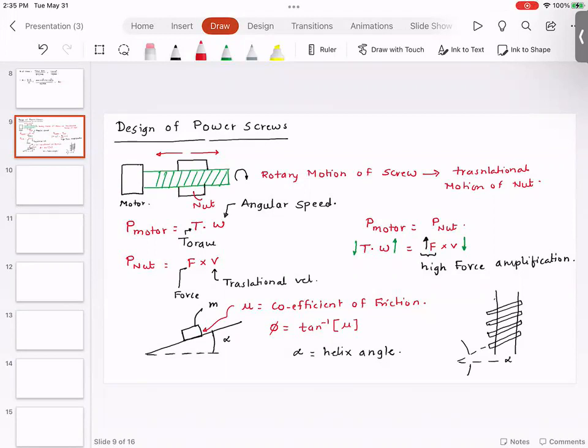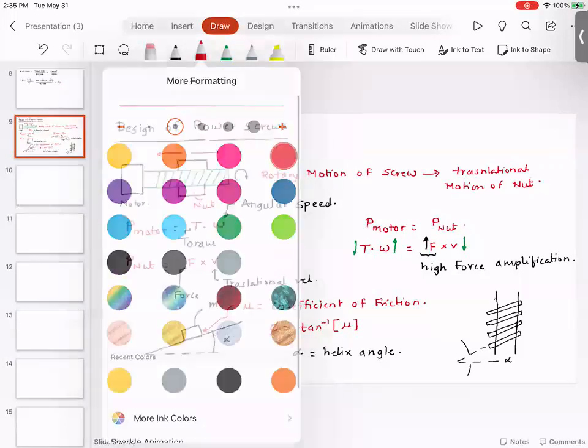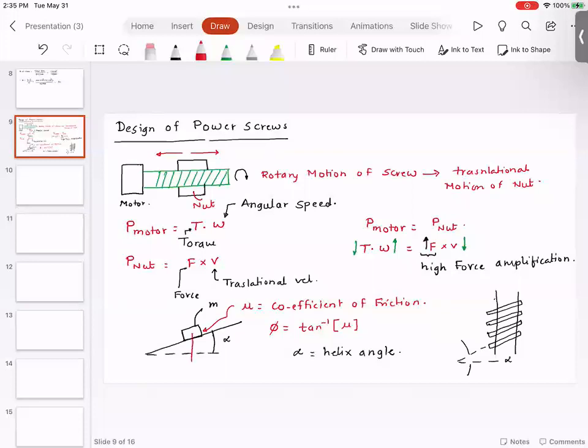And if you want to write this equation, we can write it something like this. So this is m times g, which is the weight, and this m times g will have two components. One component will be in the direction perpendicular to the motion, which is mg cosine alpha, and the other one would be mg sine alpha.